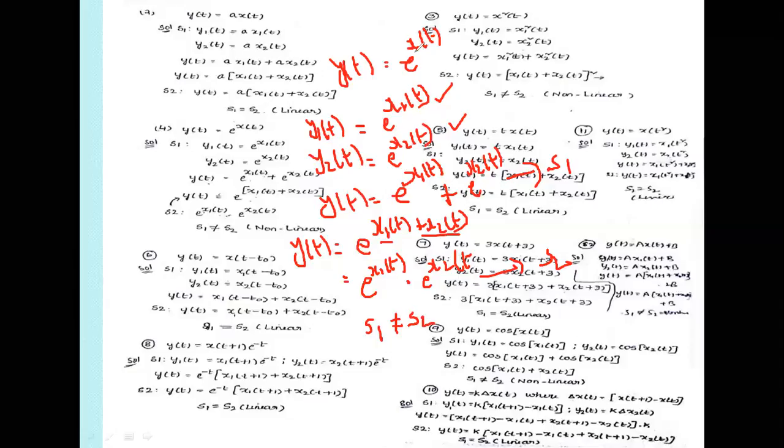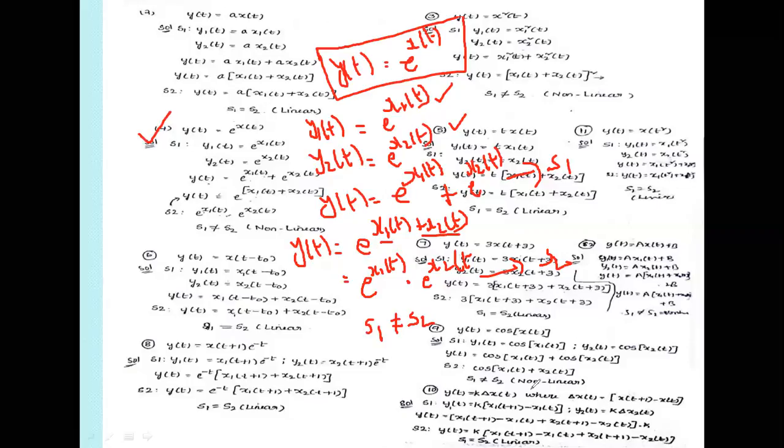So the given function y of t is equal to e power x of t is a non-linear system, the fourth one. Now we got one idea of how we can find the linear system and the non-linear system for a given function.